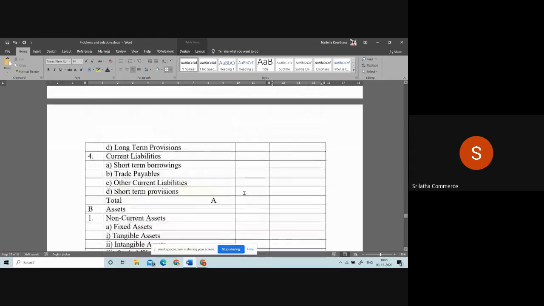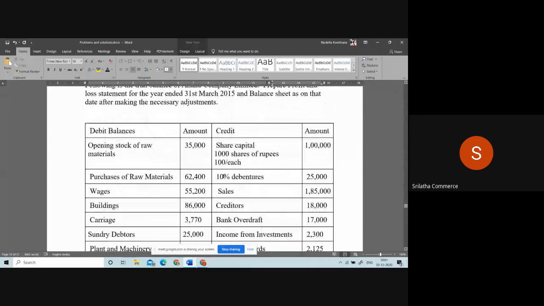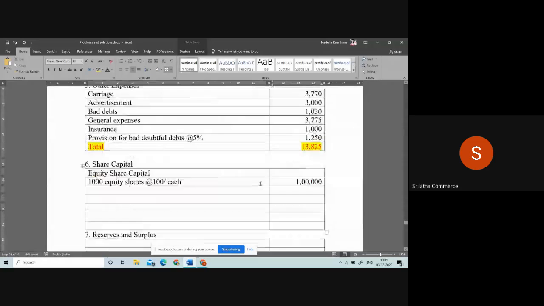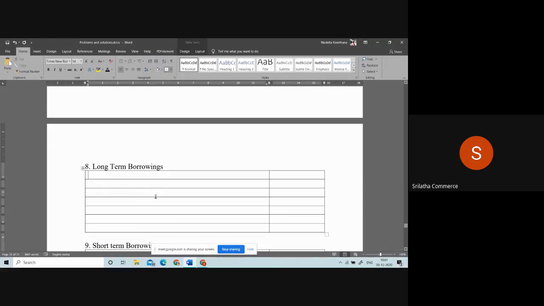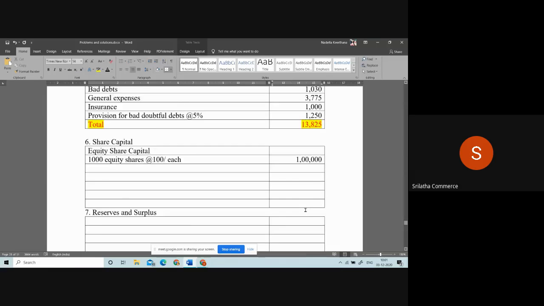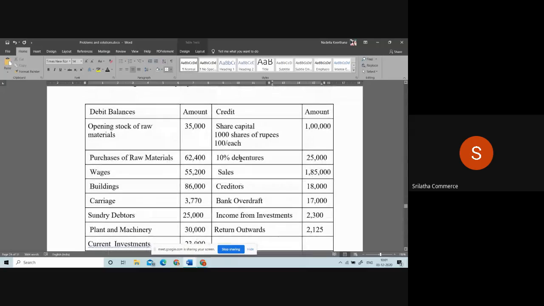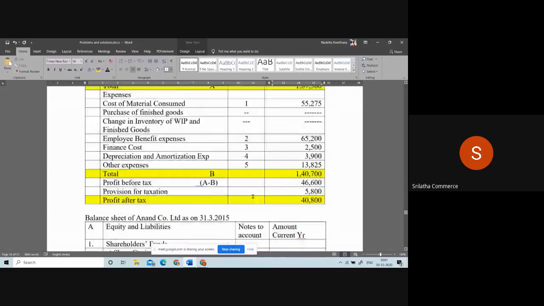Then comes 10% debentures, 25,000. It comes under long-term borrowings. Under long-term borrowings, 10% debentures 25,000. Then comes creditors, which come under trade payables, 18,000.